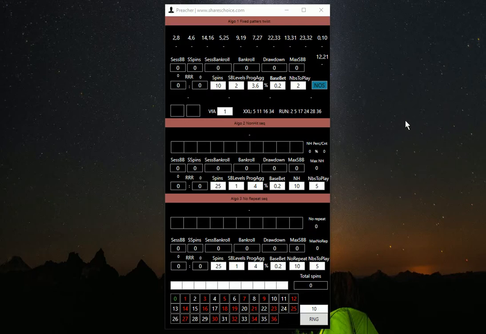So let's start with algorithm number 1. It's called fixed patterns twist, and there are many options what you can do. Currently, the number selection is led by this part. If I double click on that, you will see it's changing.